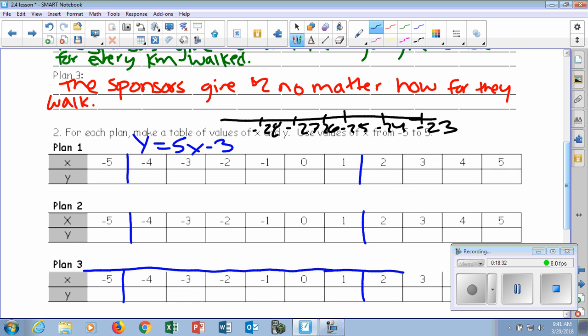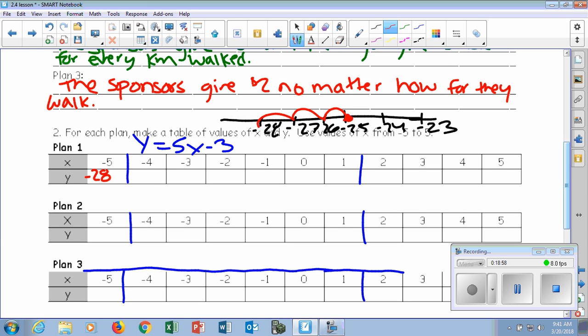If I'm at -25 already, because we calculated that, and I have to subtract 3, I'm going to keep going this way. Not going to go towards 0. I'm going to go more negative. So if I were to subtract 3, what would it be then? Exactly, -28. And I'm going to do the same thing for the rest of them. So 5 times -4 gives me what?